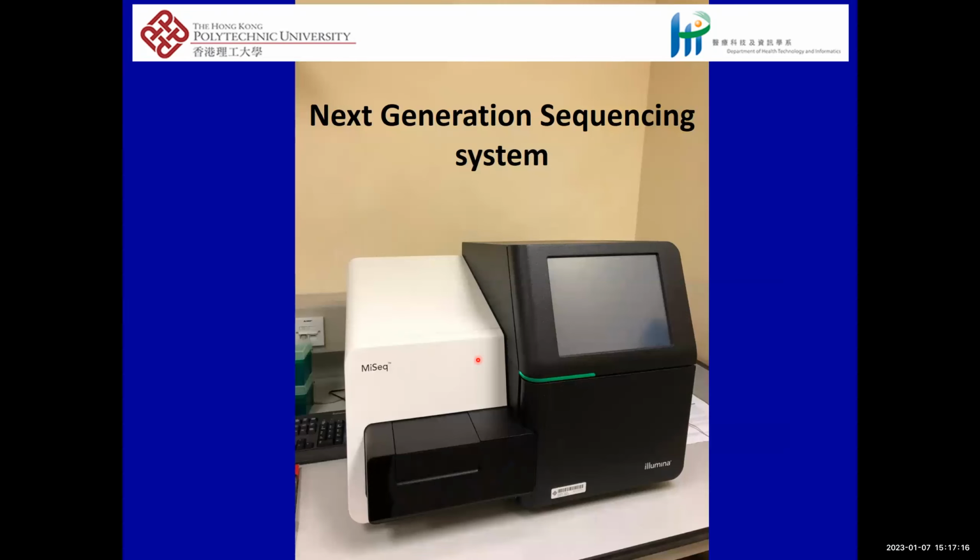And NGS: our department has MiSeq, still high-throughput NGS. If you learn about our professor, for example Professor Guillermin Su, who is very famous now, it is based on sequencing for tracing virus infection, COVID-19 or any bacterial infection.